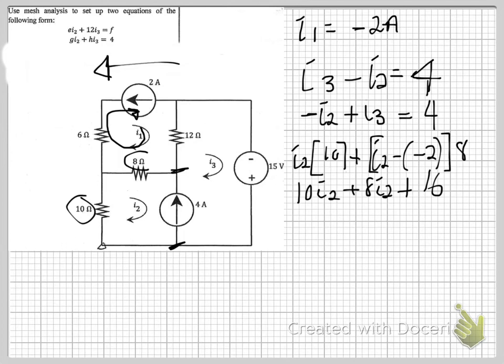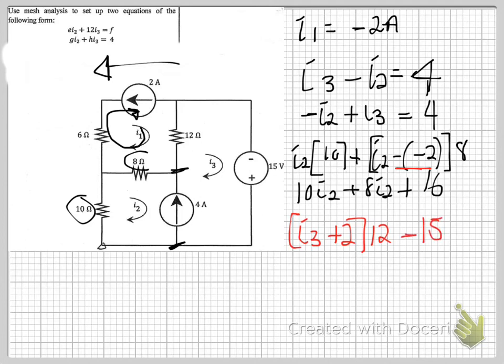So for the second mesh, the I3, you have I3 plus 2, as we established there, being multiplied by 12 minus 15. Right.